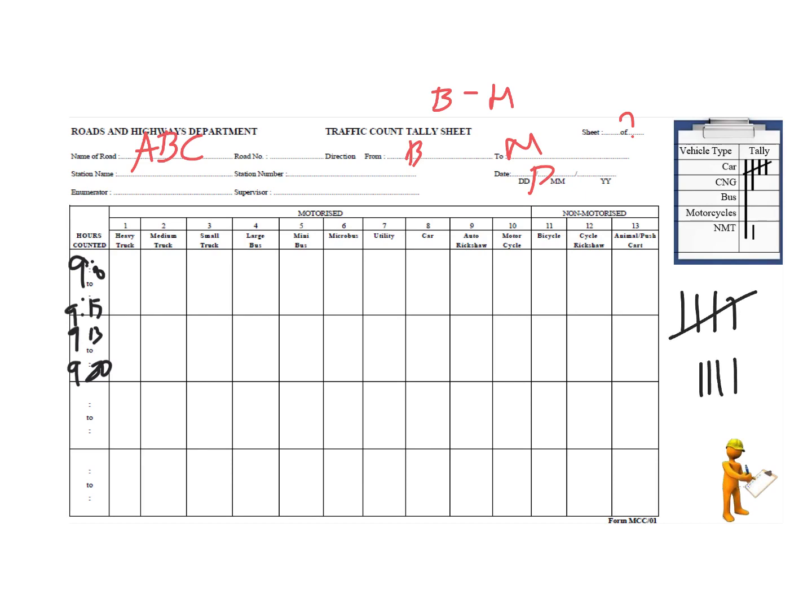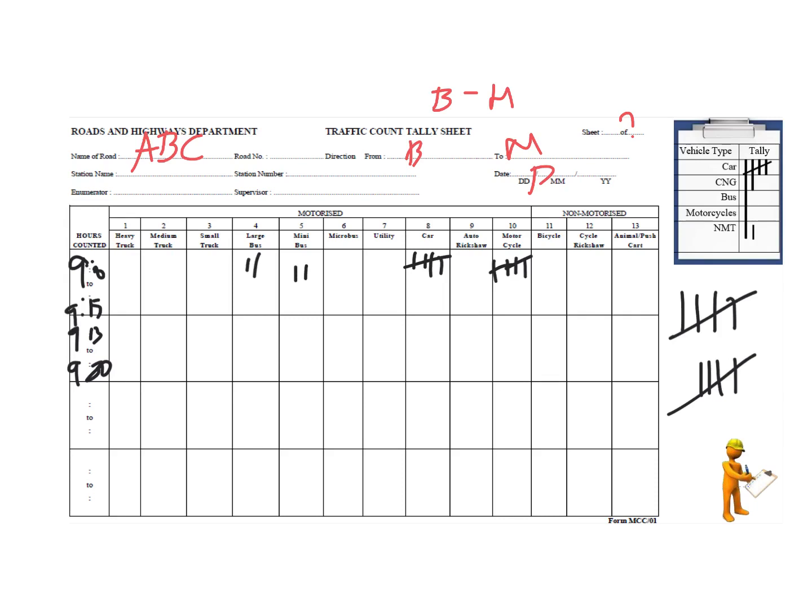This is the tally count. As soon as you see a two-wheeler or motorcycle, just mark 1. Car, likewise. As soon as you see any category of vehicle, it needs to be marked here on the sheet with the help of tally counts.